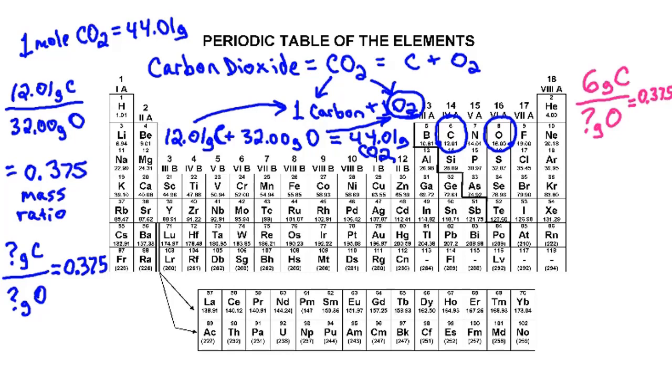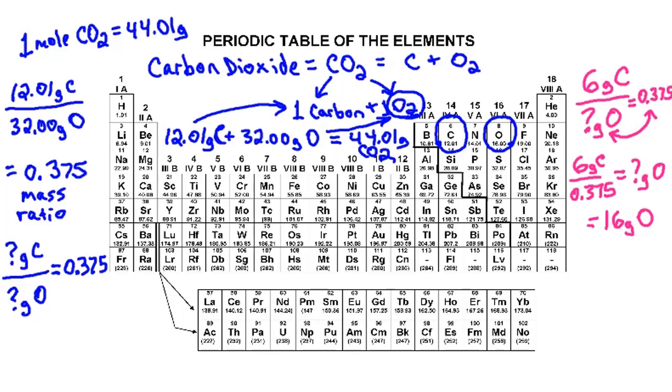And we know from our math refresher that if we want to solve this question mark under the division bar, we can just swap that out for the answer on the other side of the equal sign. So instead, we get 6 grams of carbon divided by 0.375, and that is going to give us our grams of oxygen. So 6 grams of carbon divided by 0.375 is going to give us 16 grams of oxygen total.